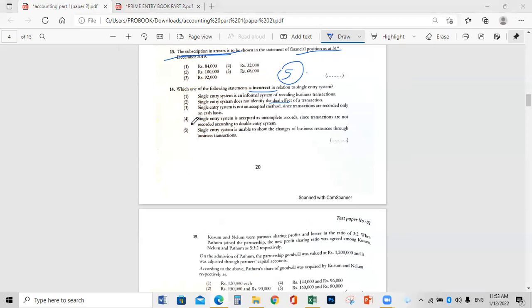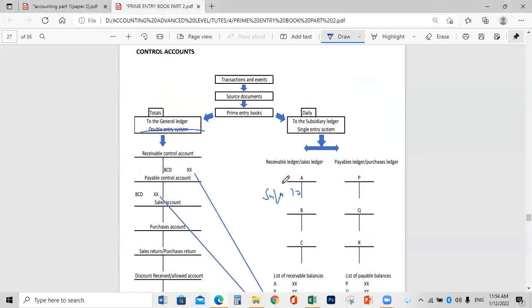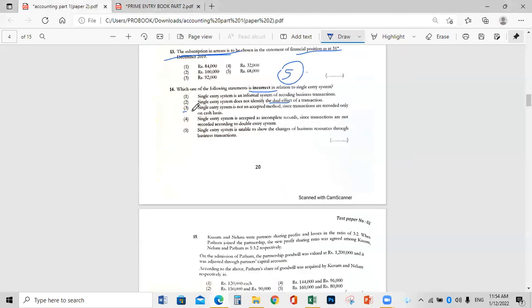Single entry system is not an accepted method since transactions are recorded only on cash basis. Guys, that's wrong. Single entry system is accepted, and transactions are recorded not only on cash basis, even on credit basis. When you make a credit sale also you record, right? So it's not only on cash basis. Actually, that is the wrong answer.